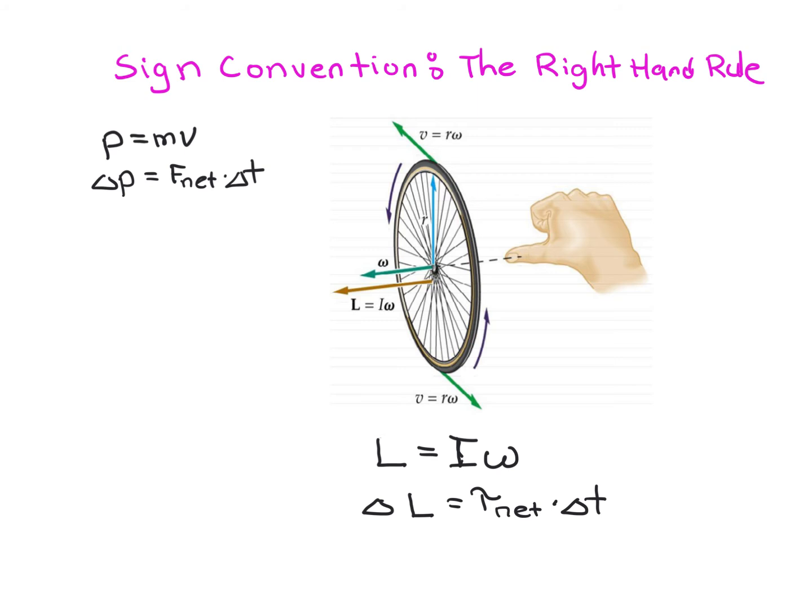Okay, so there's one more issue that I want to talk about. It has to do with something we're going to call the sign conventions involved with defining angular velocity and angular momentum. There's a little bit of an issue that didn't really arise in the linear case. If you have an object that is constrained to move linearly back and forth along a straight line, there are really only two choices for the direction we are going to associate with a velocity and a linear momentum.